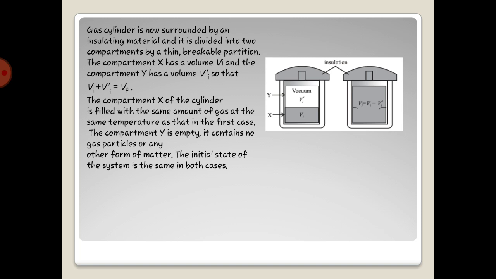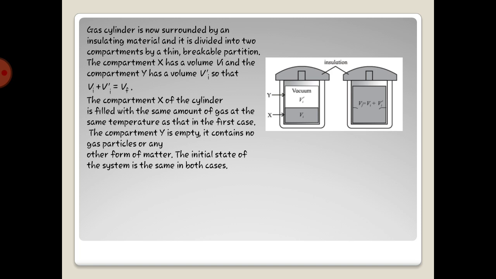Now what happens in this case? The gas cylinder is now surrounded by insulated material and it has been divided into two compartments, X and Y. X is having volume Vi and Y is having volume Vi dash. So the total final volume will be Vi plus Vi dash.